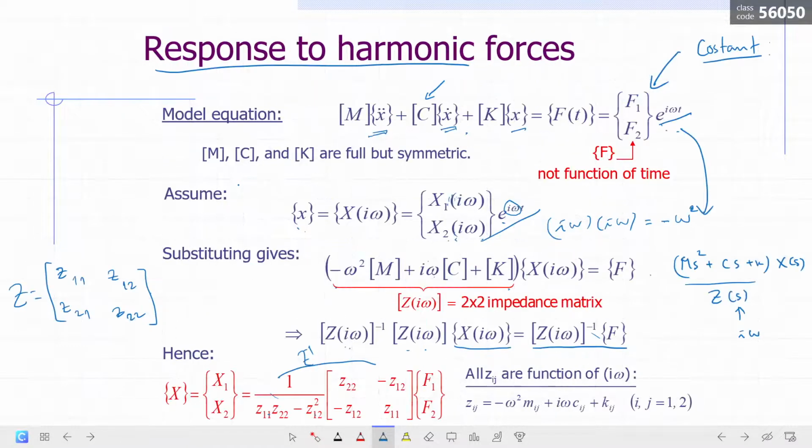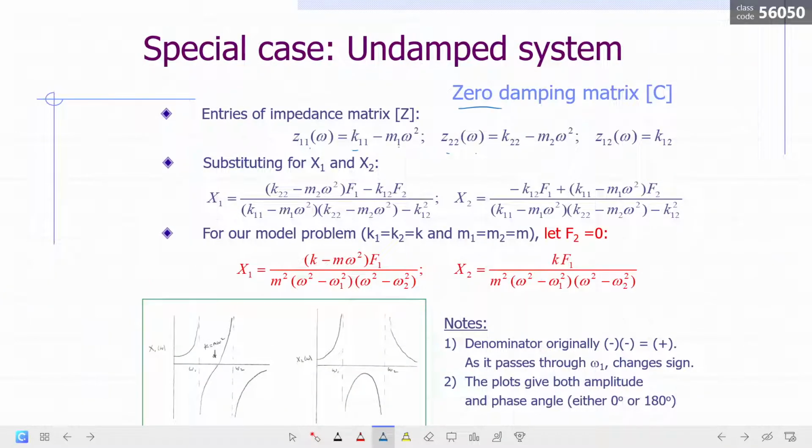Then you can compute this because you already have all the elements inside this matrix, and then you multiply it by f1 and f2, then you have h1 and h2. Yeah, to easily analyze this, let's take k1 equal to k2 and m1 equal to m2. Then h1 and h2 will reduce to this.